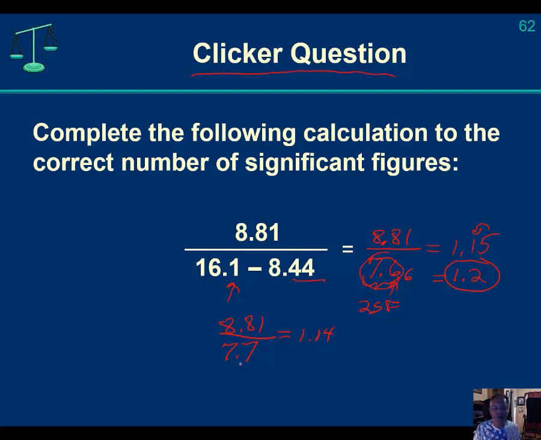I still have to round to 2 significant figures, and so now my answer, because this is less than 5, is going to be 1.1. So I have a different answer because I rounded prematurely. So what you need to do is avoid rounding prematurely, but keep track of the number of significant figures in each operation and only round when you get to the end.